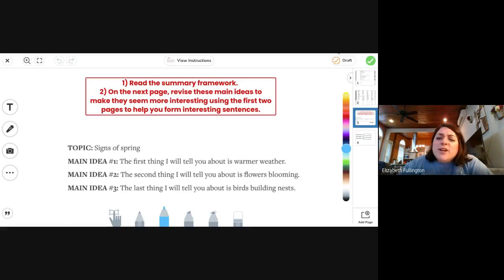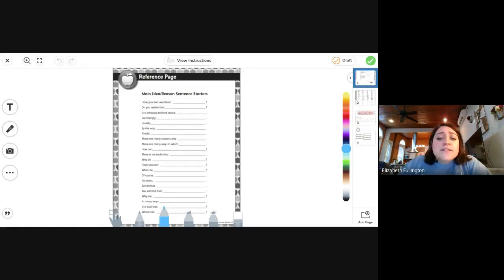So here's my question. How am I supposed to start these sentences? Sometimes it's hard to start sentences early in the morning, right? So Miss Fullington has attached sentence starters that you can use to make your sentences interesting and easier for you. So on the first page, Miss Fullington has given you sentence starters. So here's some of the sentence starters. Have you ever wondered? Do you realize that?